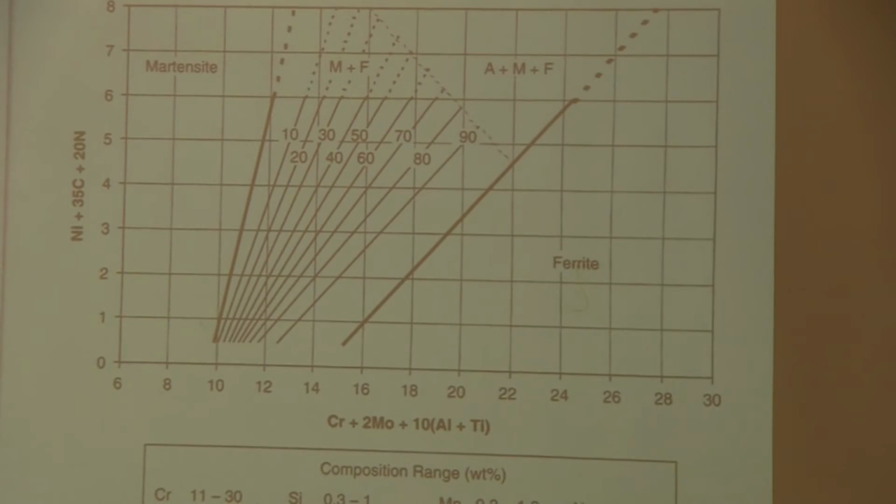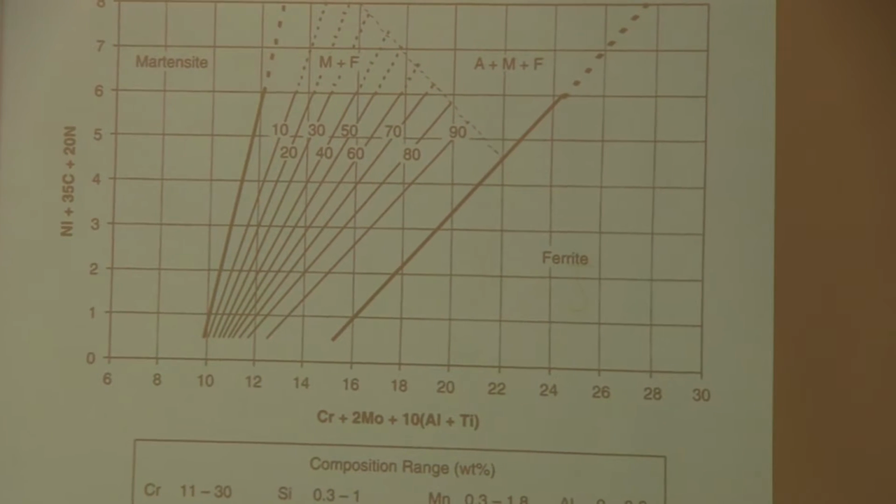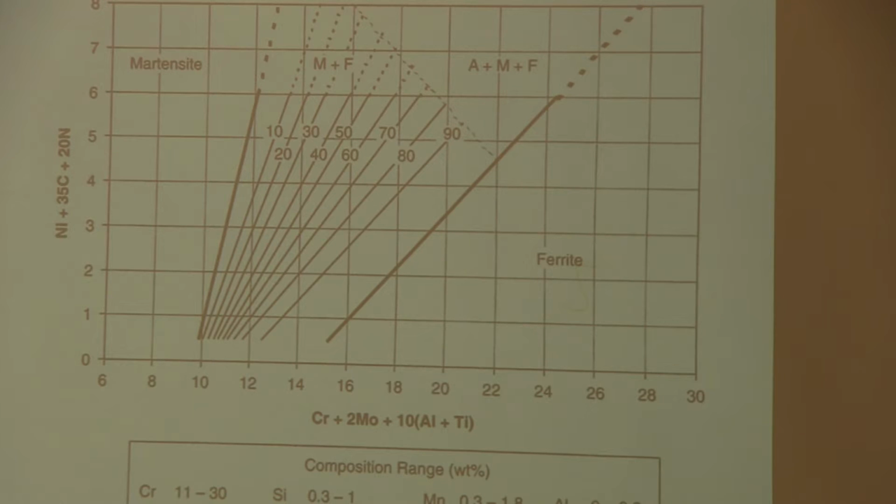This is actually a diagram that I developed doing some research earlier in my career. If you remember the Schaeffler diagram that I showed you, this is kind of that lower region of the Schaeffler diagram, where you've got 100% martensite over here and 100% ferrite over here, and between the two you get structures that have a combination of both.